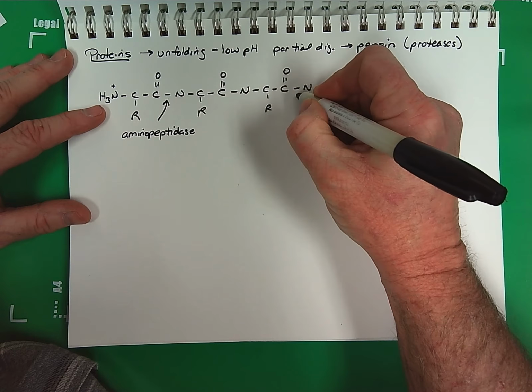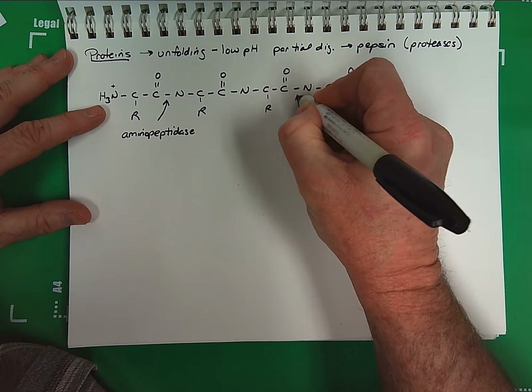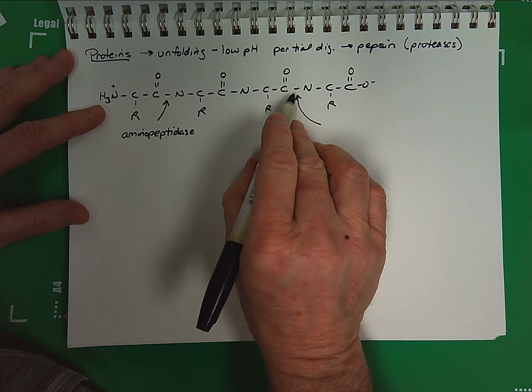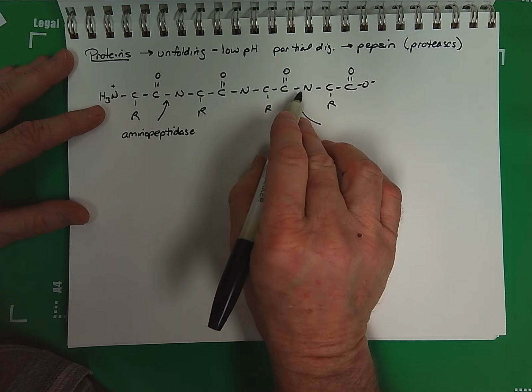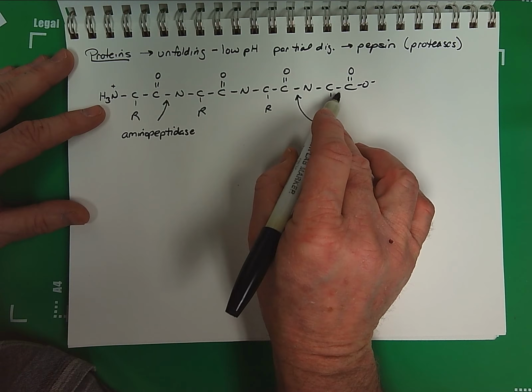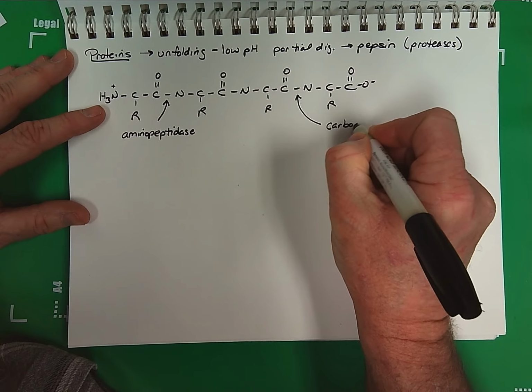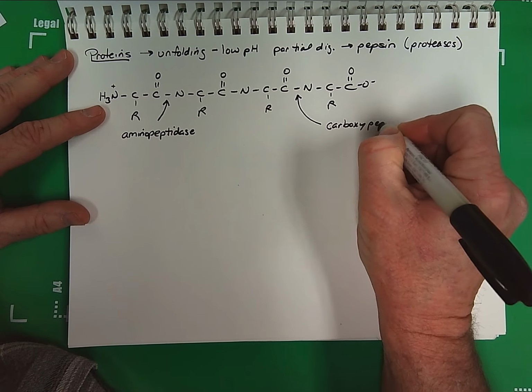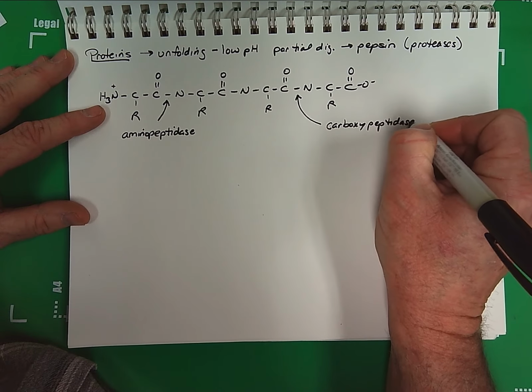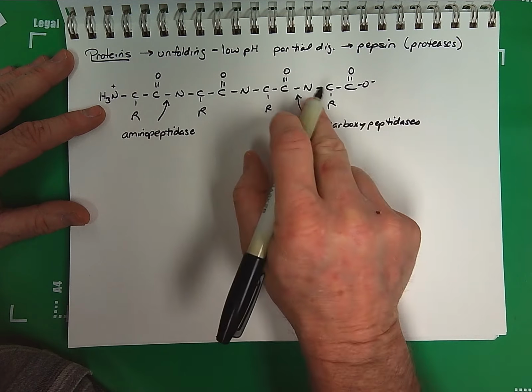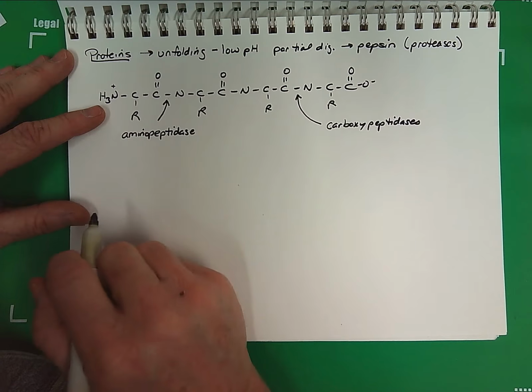Likewise, we have enzymes that can hydrolyze the peptide bond at the C-terminal amino acid. These are called carboxypeptidases. Their specificity is the amino acid at the C-terminal end.